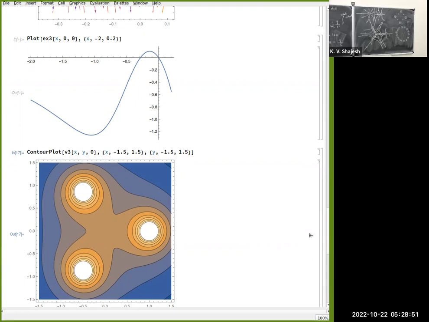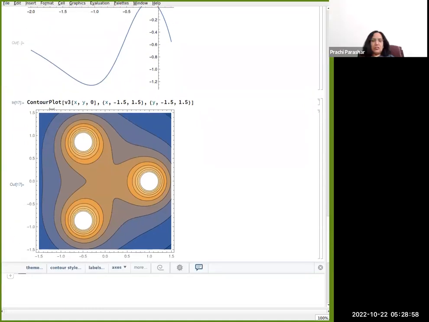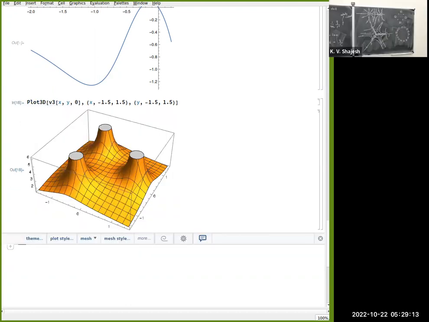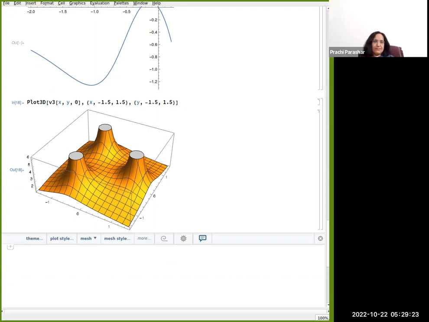So maybe Plot3D. Let's see. Is there a contour plot 3D also? But that will not work with just 2 parameters. You might have to include your Z direction also. Yeah, here you go, this is how it is. No, this doesn't tell you.